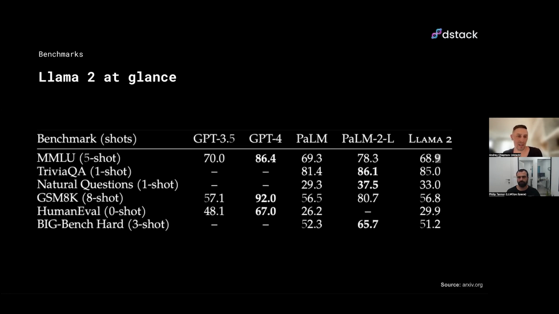It's massive multitask language understanding. This is, in my personal view, a very general benchmark which tests how the model behaves across different tasks. So basically, it's a general benchmark for LLMs. And you can see that Llama 2 actually comes pretty close to GPT 3.5 in terms of quality, but you can also see that it lags significantly behind GPT-4.